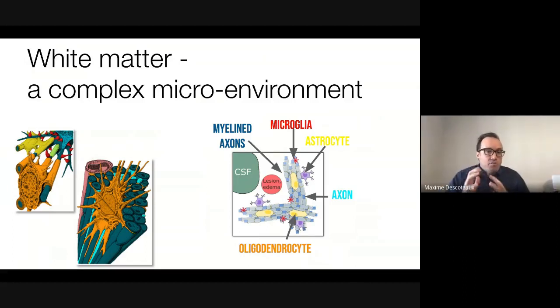You have lots of crossing fibers. Each fiber population has its little environment of microglia and astrocytes supporting the health of the fiber population and the myelin sheath. And of course, you can throw in some CSF from partial volume if we're talking about MRI imaging, and of course pathology.